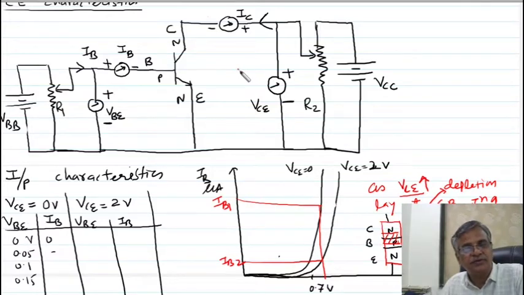Or in a simple way, the graph of the output current versus output voltage at a constant input current is called output characteristics.